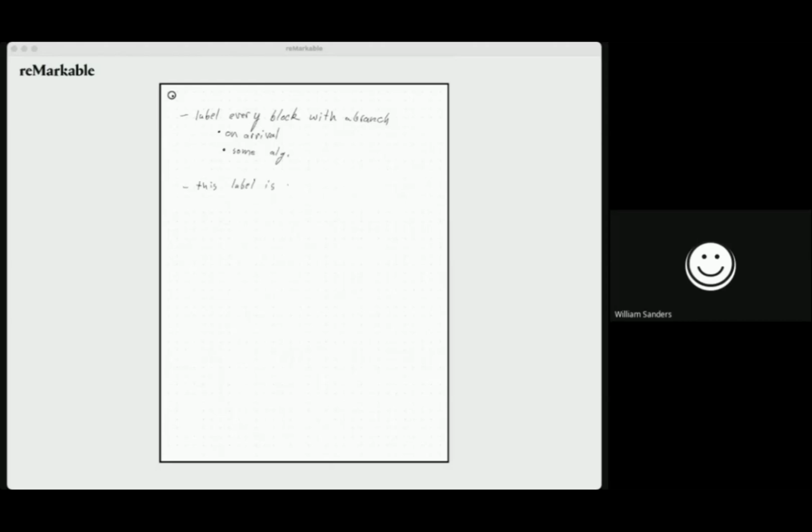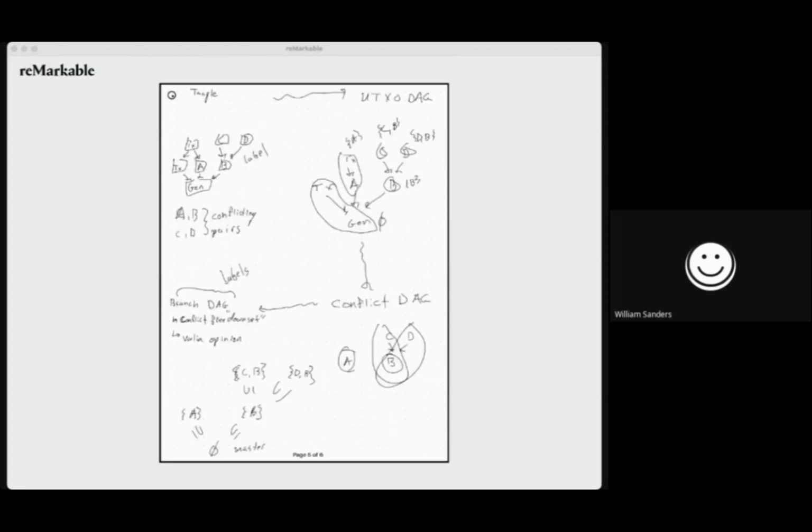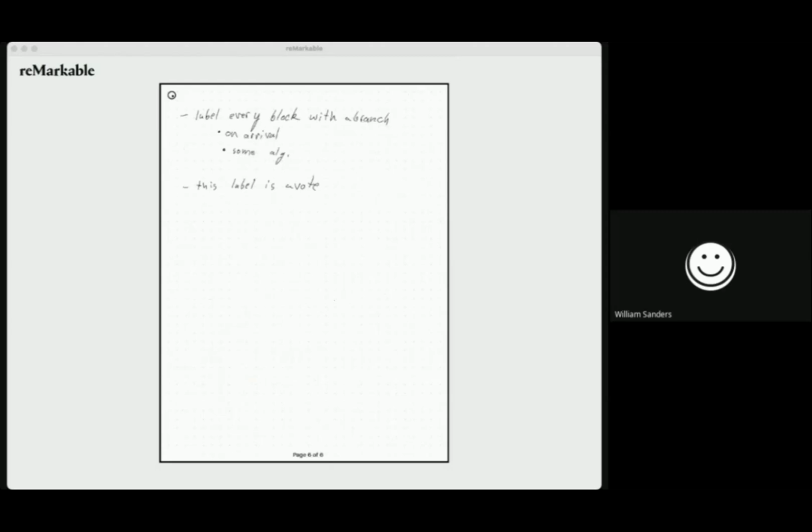This label is a vote. And what's interesting is that if you vote for a branch, this also technically means you vote for all the branches below you too. If you like CB, then you like B in the empty set too. And then the heaviest branches win.